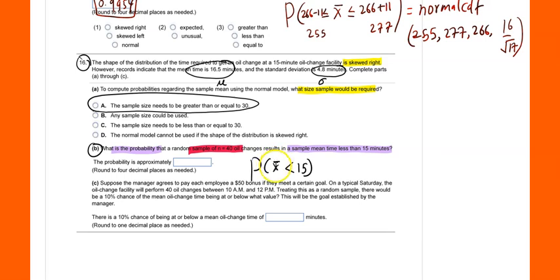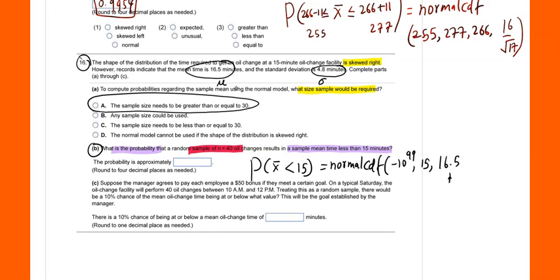To find the probability of the sample mean less than 15 minutes, we usually do normal CDF, and since it says less than, there is no lower bound, therefore we put negative 10^99 comma 15 comma mean. Notice that the mean is the same as mu, 16.5.